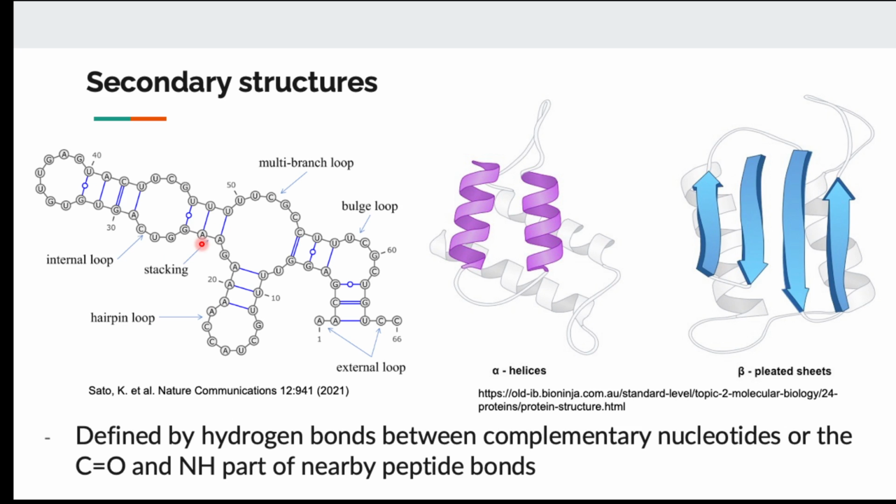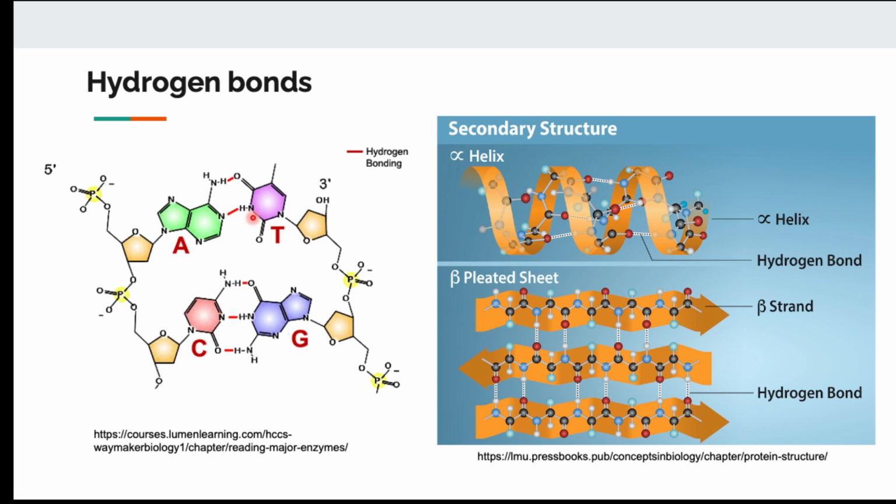Between nucleotides, we know that A and T can base pair with 2 hydrogen bonds, and C and G can form base pairs with 3 hydrogen bonds. For the protein, the alpha helix and beta sheet are also stabilized by hydrogen bonds between the C=O and the NH of the peptide bond.